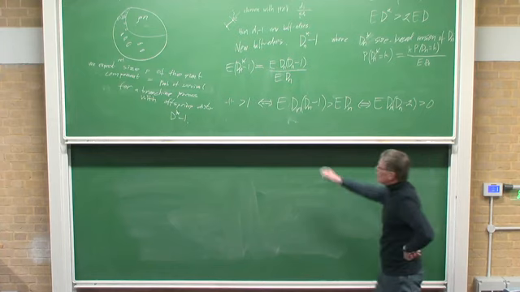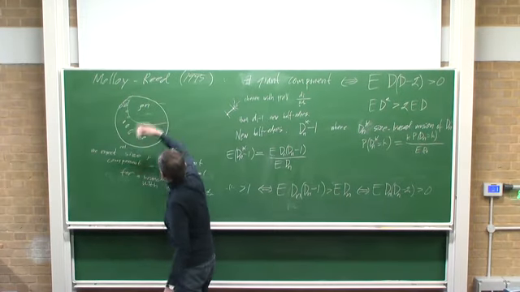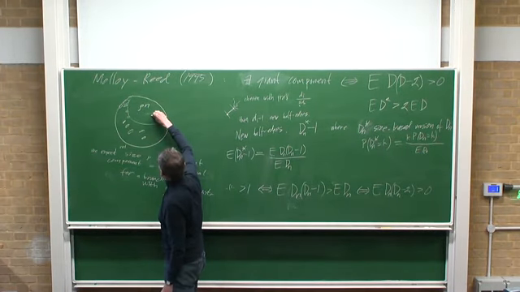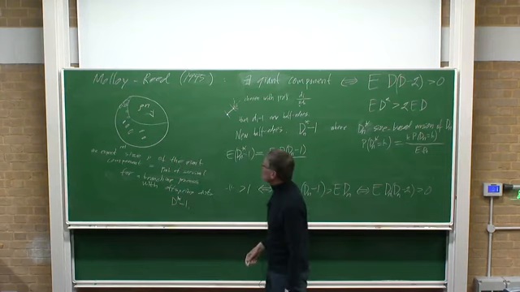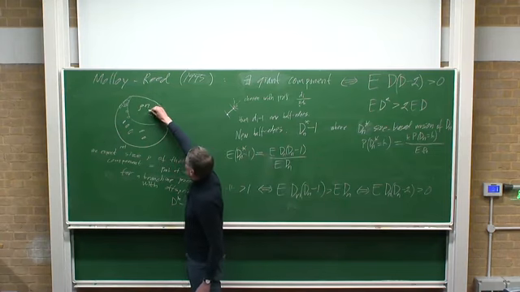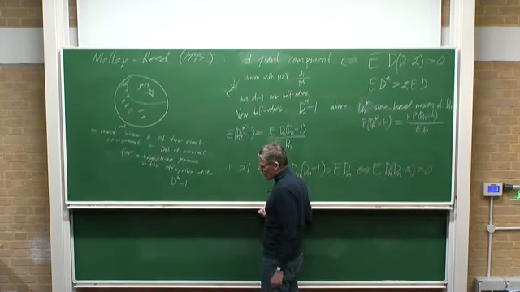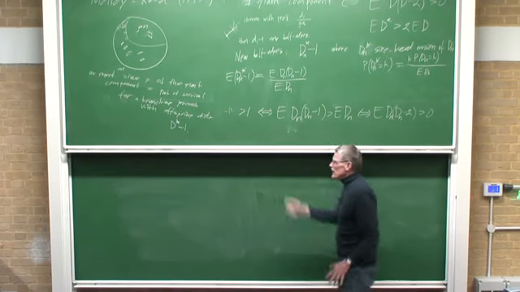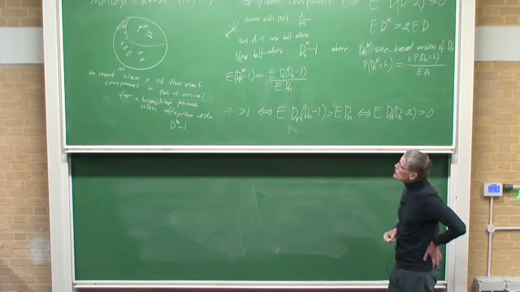So as I said, one way to do this exploration is to start at a vertex and then look at a half edge at a time and see whether we find new half edges or new neighbors, vertices and their half edges, or not. And that is also what Molloy and Reed did.